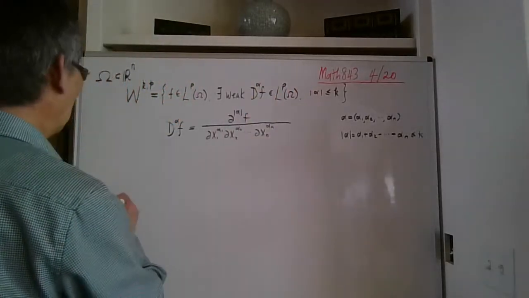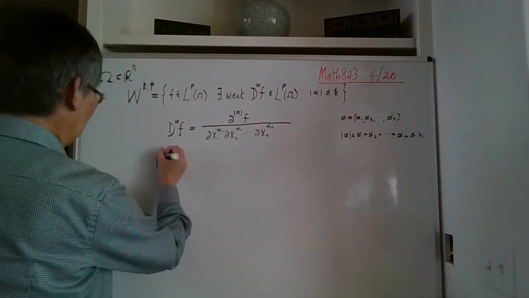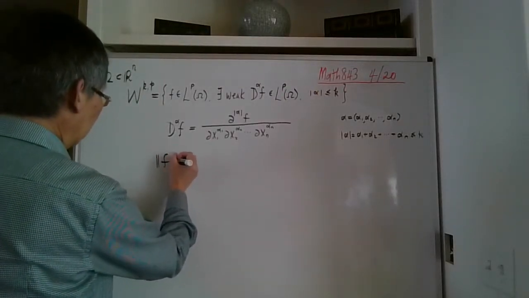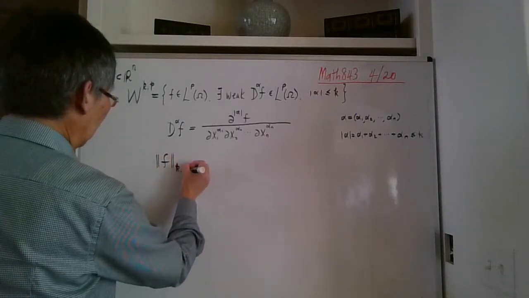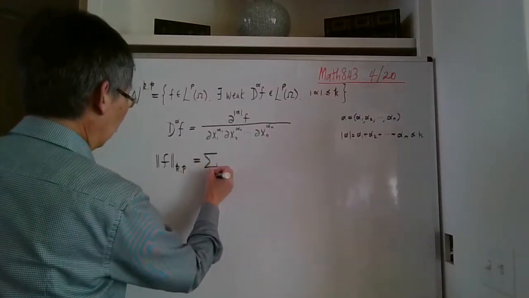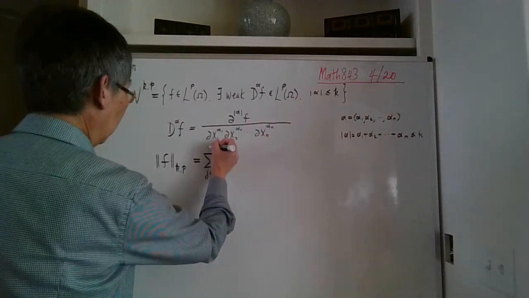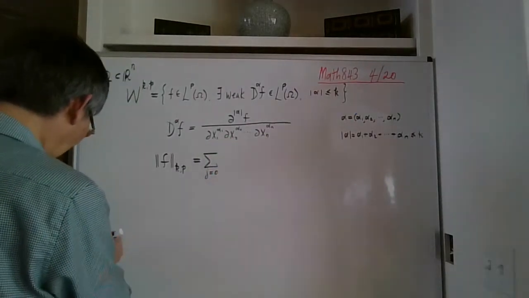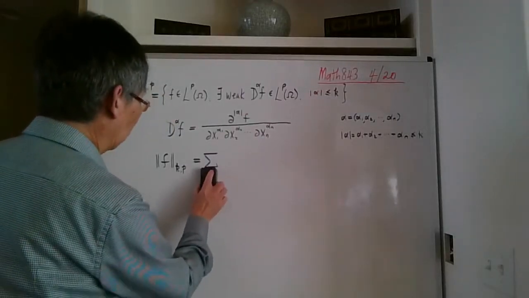Now what do I mean by the norm of this space? The norm of f in W^{k,p} equals a summation. You cannot use j from 0 to k here, because we are making the summation over alpha.